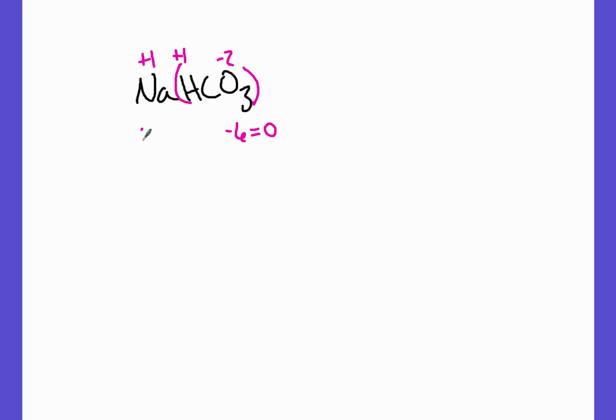So if I know that, and I do that with this, carbon is just going to have to work out. It needs to be a +4 to make this whole thing neutral. So that should make sense. And again, if I took these 3 numbers and I added them up, it'd give me a -1. That's the charge of a bicarbonate.